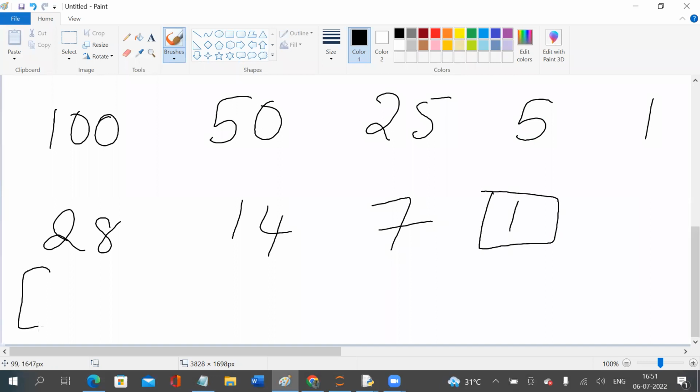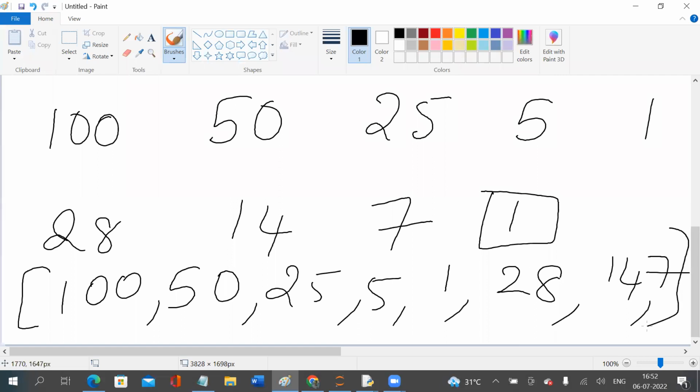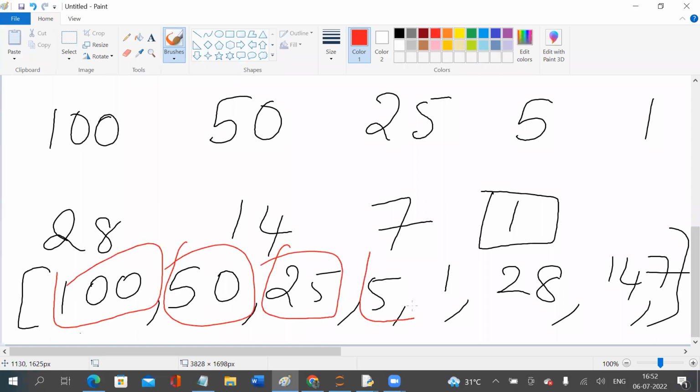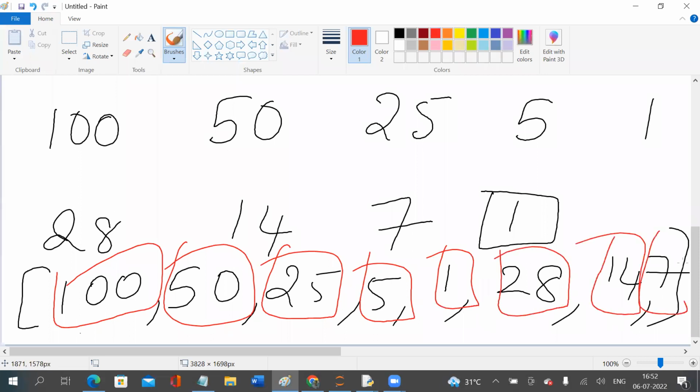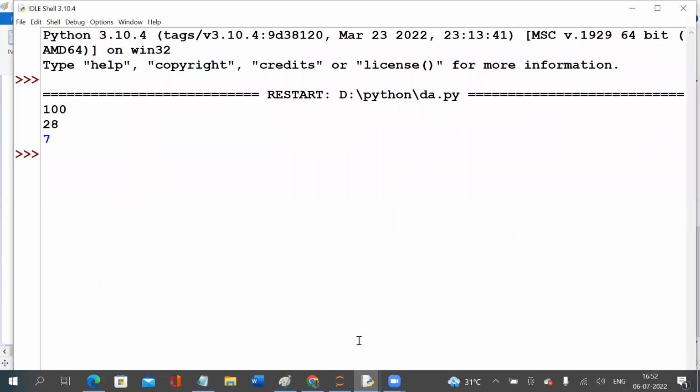So what are the factors? 100, 50, 25, 5, 1, 28, 14, and 7. So length is 8. 8 minus 1 is 7. Okay. Is this clear? Yes.